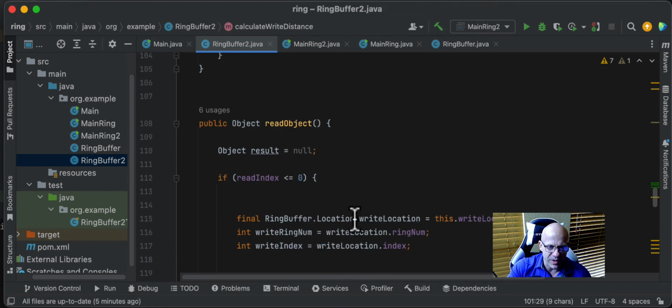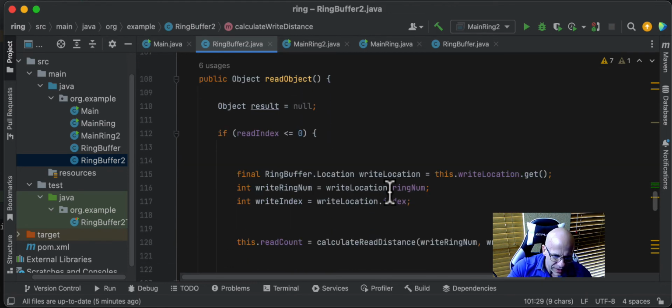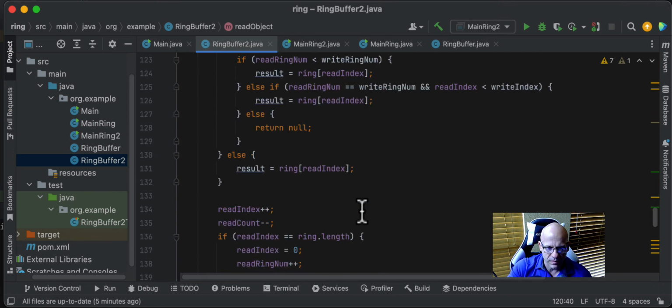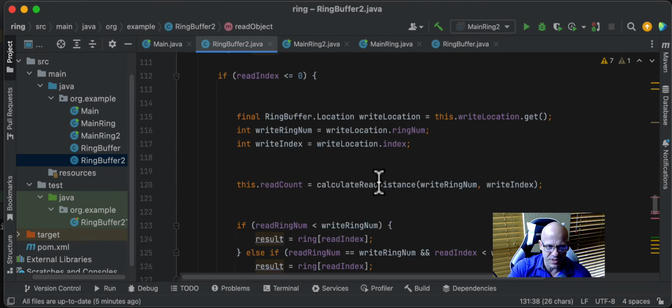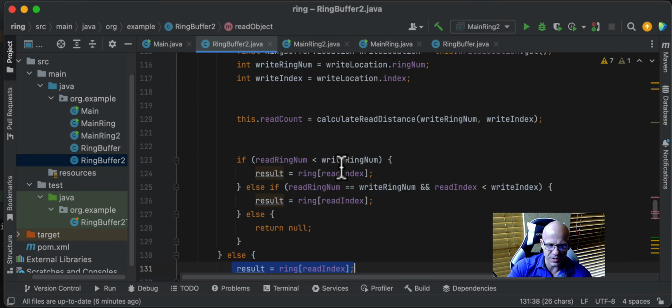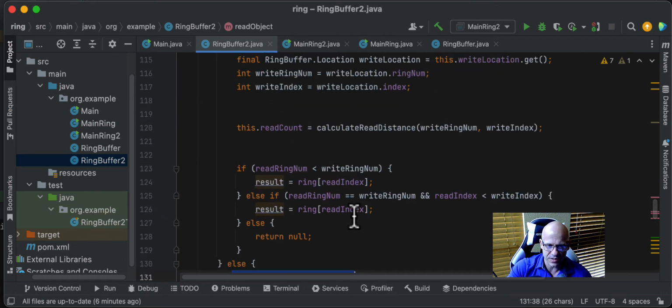So for the read operation, we do a read. If the read is less than 0, we're going to read that write location. We're going to calculate the read count. Otherwise, we're going to keep accessing the reads as long as the read count is over 0. So if it's under 0 or equal to 0, then we do this block.